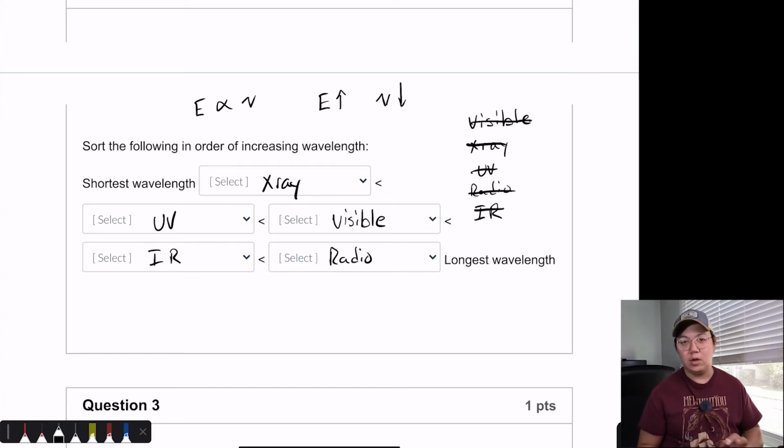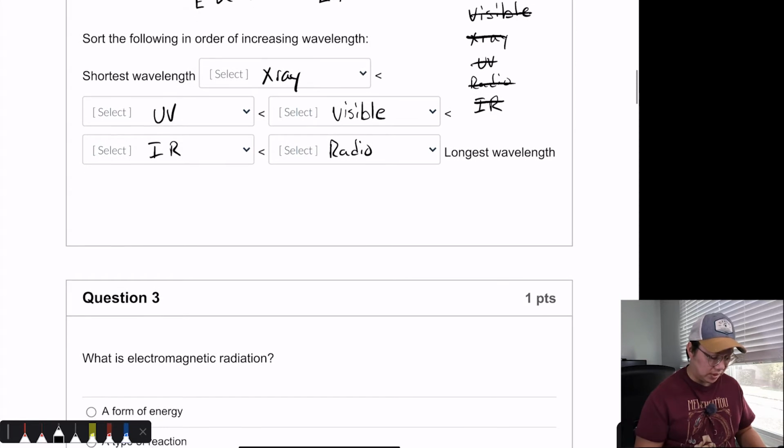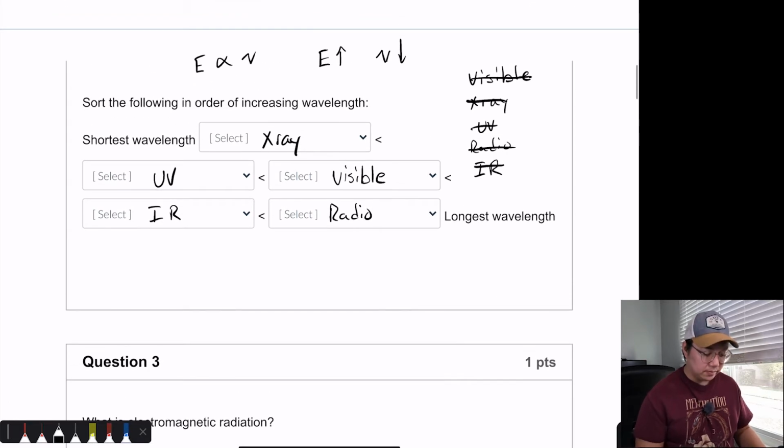So really you just need to know the qualitative or the relative differences between these different types of electromagnetic radiation, and then how wavelength and energy are inversely proportional. Frequency is also in there as well. So frequency, as wavelength increases, frequency decreases.